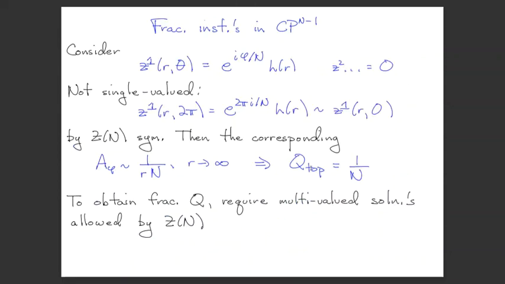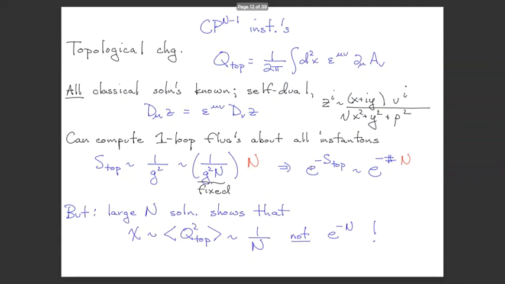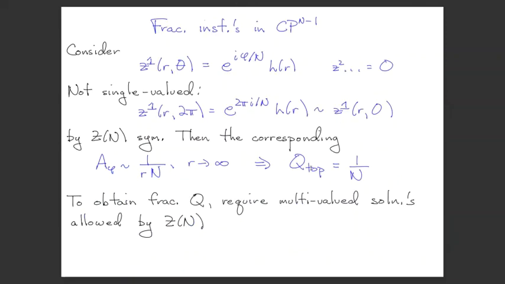So we have a solution for the kind of configurations that can contribute. Instead of taking something that's single valued, because the true manifold space is SU(N)/Z_N, we take something that when you go around by 2 pi, you pick up a factor of e^(2 pi i/N).